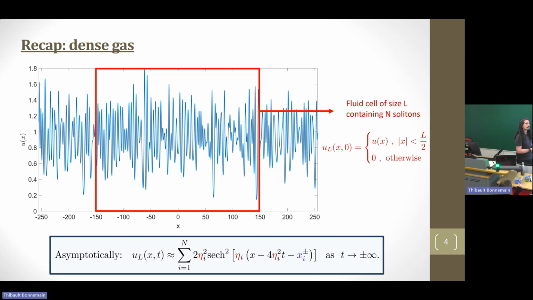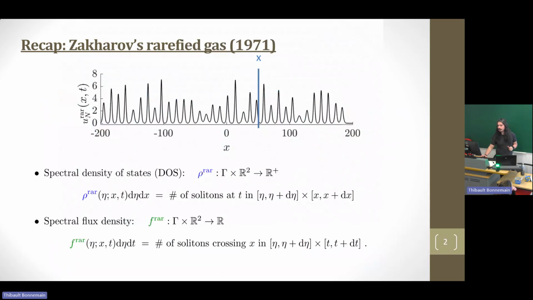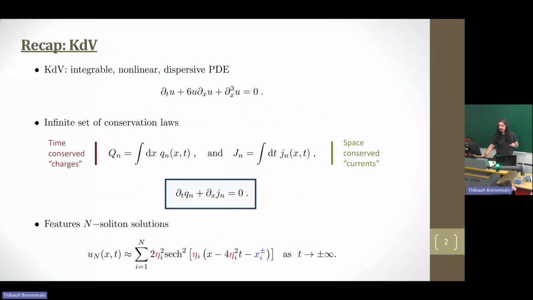So typically, you write KdV in its dimensionless form like that. But if you rescale the amplitude by a parameter, what it does is put some parameter in it. This changes the nonlinearity, so the interaction between solitons.